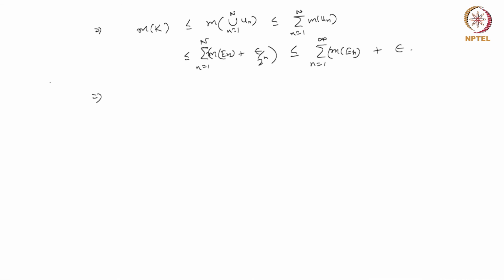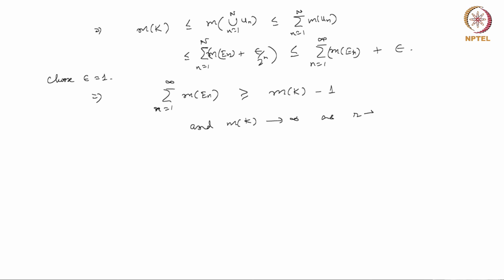So for example, one can choose epsilon to be 1, in which case this sum n equal to 1 to infinity of m En is greater than or equal to mK minus 1, and mK goes to infinity as r goes to infinity.